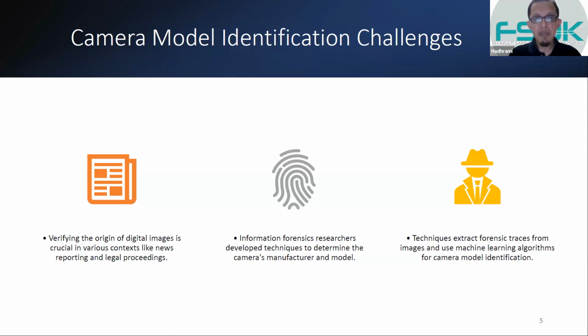Another challenge here is that information forensics researchers develop techniques to determine the camera's manufacturer and model. The techniques that we need to use are important to extract the forensic traces from images and to use machine learning algorithms for camera model identification.